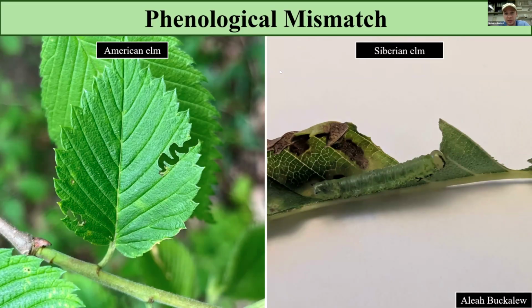That's pretty much a mature larva, about ready to spin its cocoon, while the one on the left just hatched. So we might even see an extra generation on our introduced species, which may be why we see a lot more damage on them again.